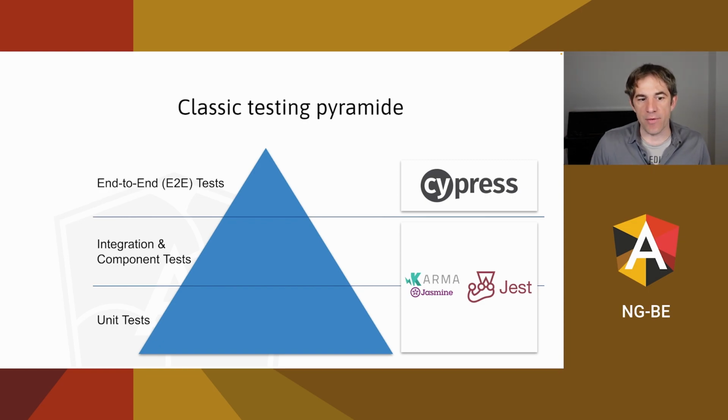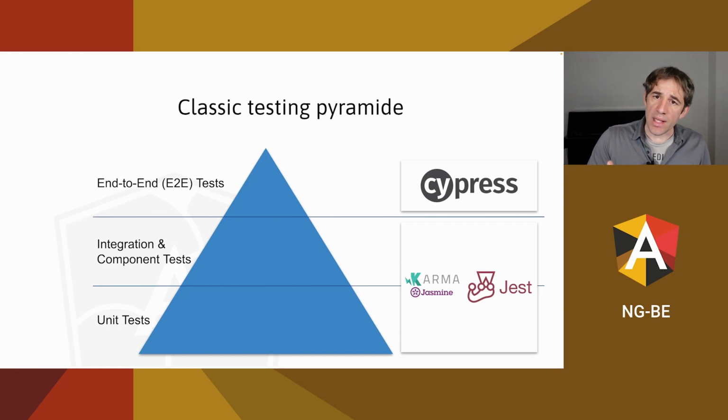As soon as we go one level higher, when we are including the DOM itself in our tests, then I would already talk about component or integration tests. That means we are not calling an event handler directly, we are clicking on a button, or typing something into an input field, and when it comes to asserting something, we are not asserting against a property of the component, but against a DOM element which is rendered in the DOM.